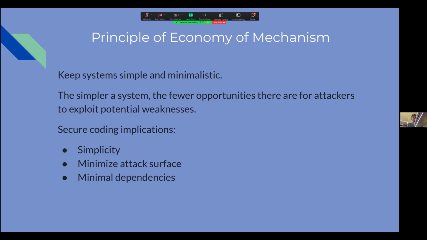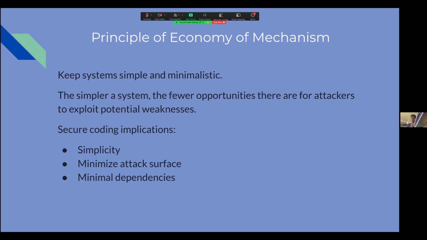So the third principle we're going to talk about is the principle of economy of mechanism. I think we all know if the code is empty, there is no vulnerability, right? As we keep writing code, we knowingly or unknowingly keep adding vulnerabilities to it. So this principle reminds us to keep things simple and minimalistic.